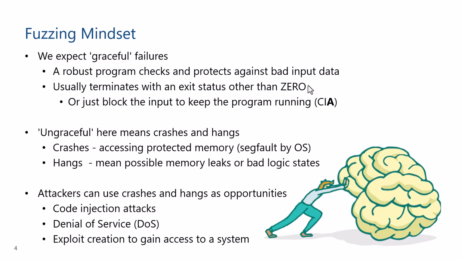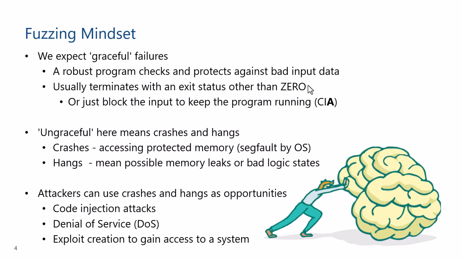Ungraceful here means what we're talking about: crashes and hangs. As you probably learned in your OS class, a crash is usually where your process is trying to access some protected memory. It could be a seg fault. Well, the seg fault is from the operating system. It's the operating system trying to protect the rest of the system. So a crash is actually a good thing, but not for your program.